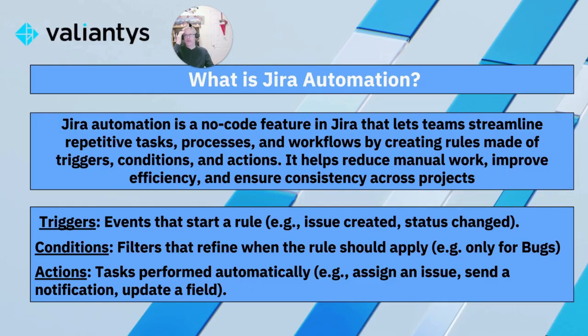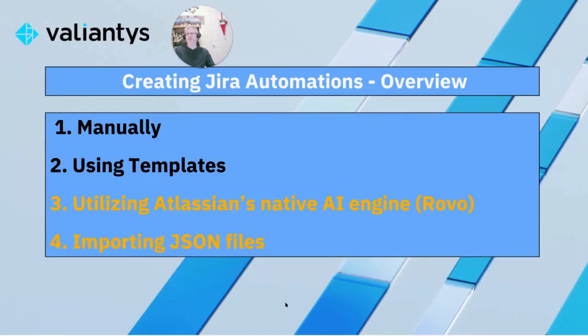And then most importantly, a rule always consists of an action, something that you tell the rule to be doing automatically. For example, you assign an issue, create subtasks, create linked work items, send an email, or update a field. Really, the rules you can build are endless.